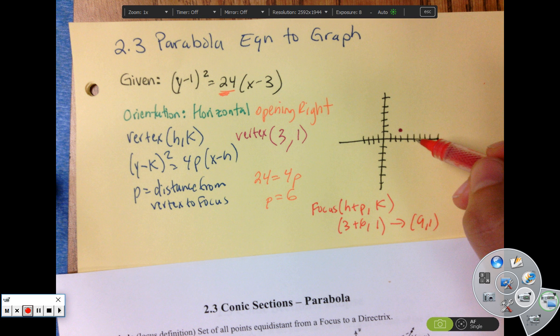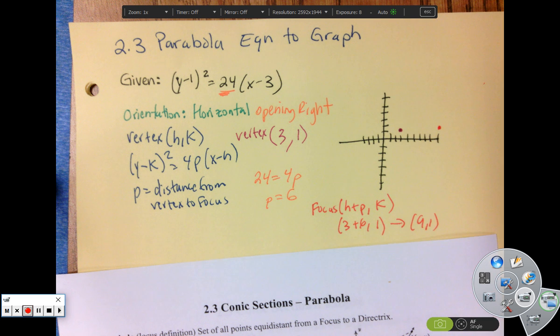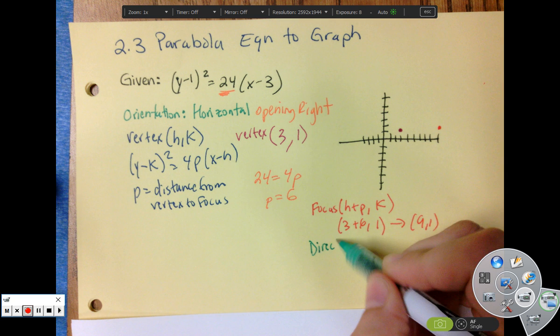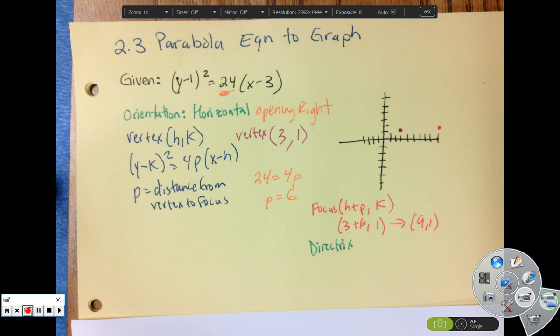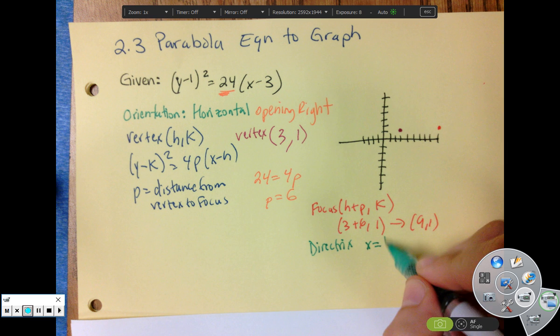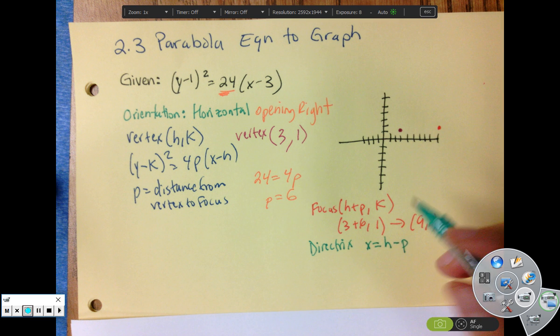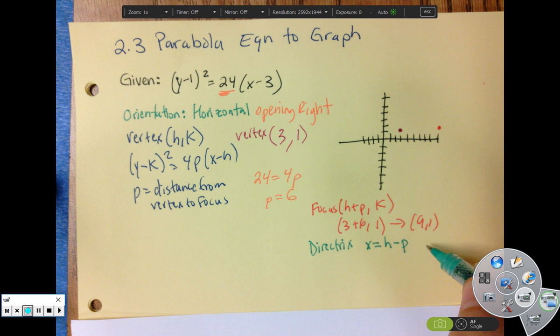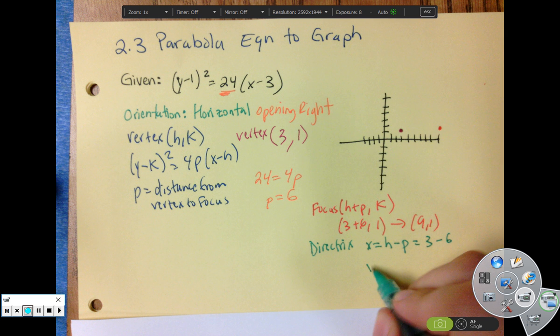Now we also got to do the directrix. The directrix is x equals h minus p. So our h is 3, our p is 6, so x equals negative 3. Notice my directrix is a line, my focus is a point.